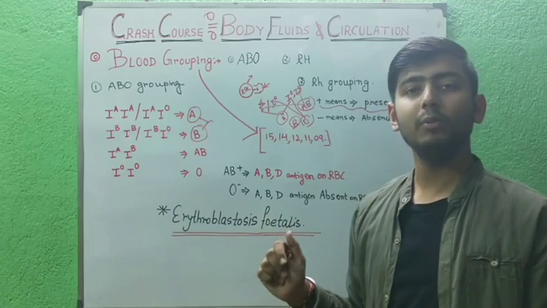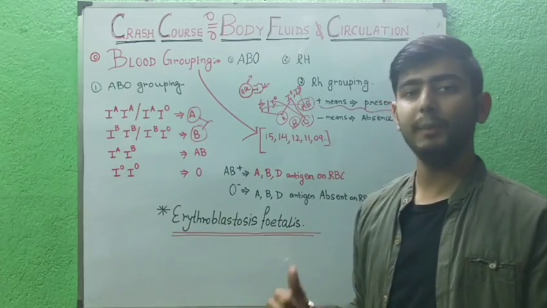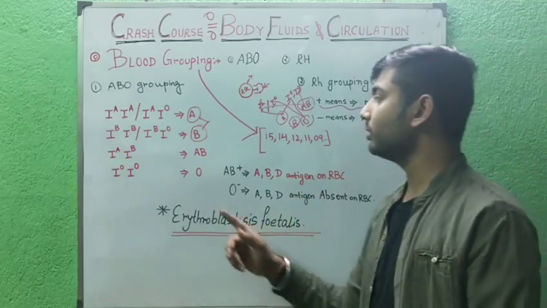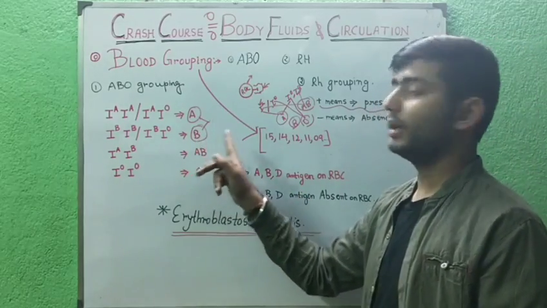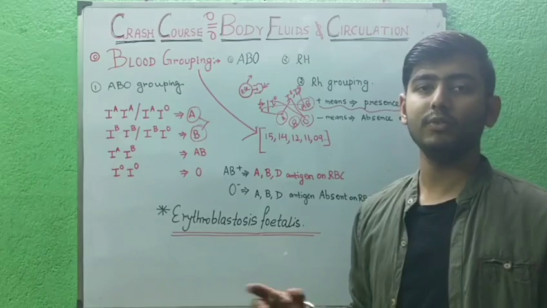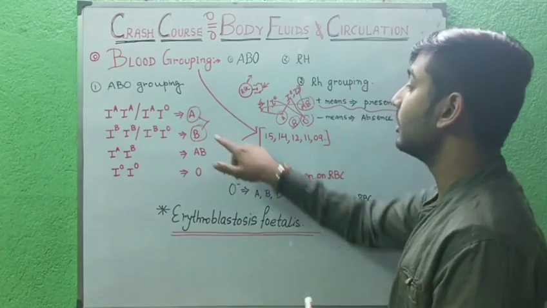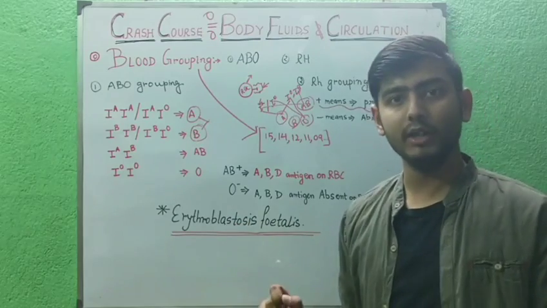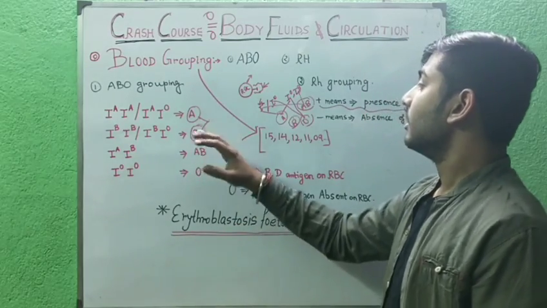So what kind of antibodies will be present? Anti-B antibodies. So if we transfuse B blood group into an A blood group individual, obviously the RBCs will clump, just because the person with A blood group has anti-B antibodies.